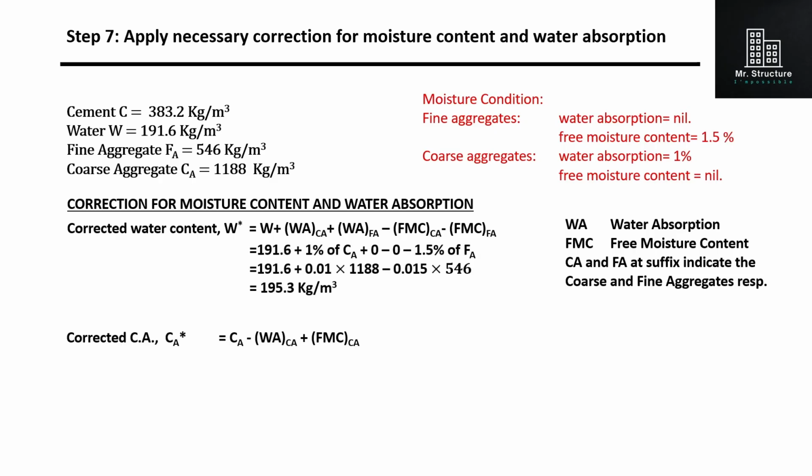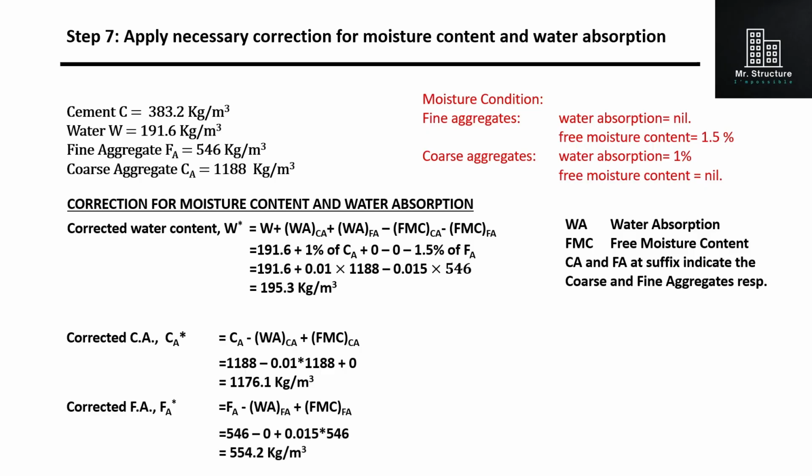For corrected coarse aggregate content, we need to subtract the water absorption of coarse aggregate and add the free moisture content of coarse aggregate. Similarly, for the fine aggregate, we need to subtract the water absorption for fine aggregate and add the free moisture content for fine aggregate.